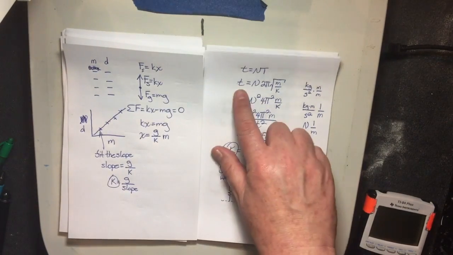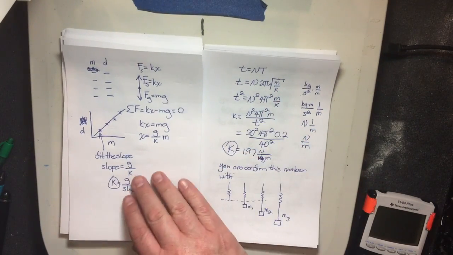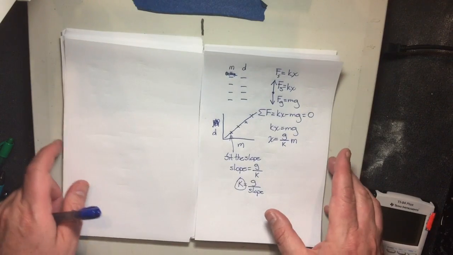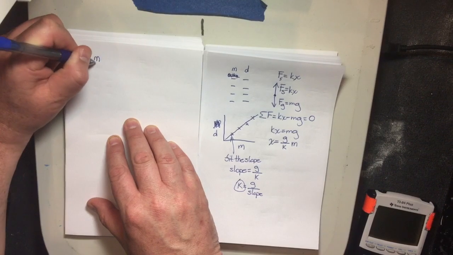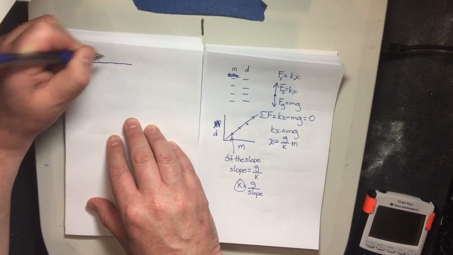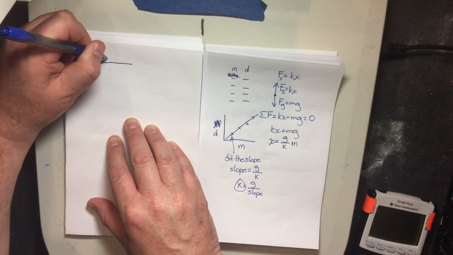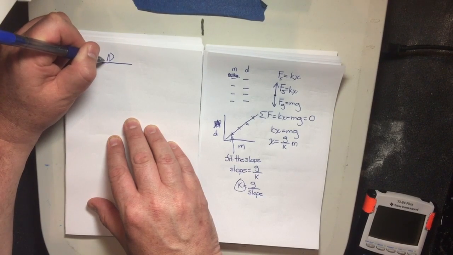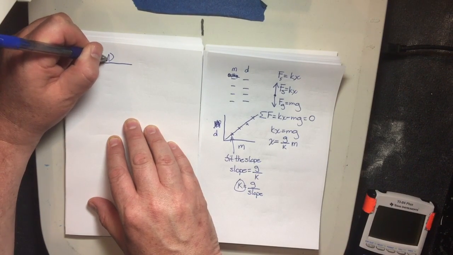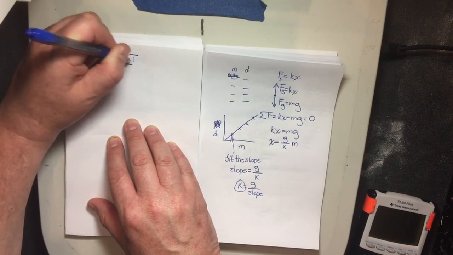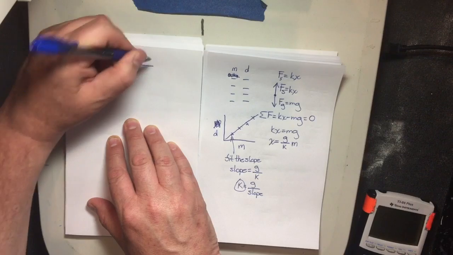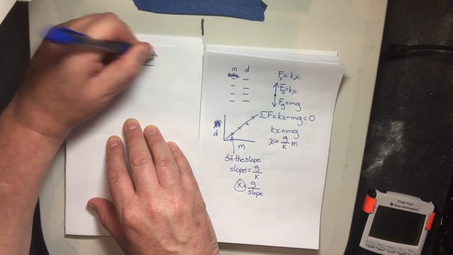There's another way that you can get it using the period. You have the mass, the number of times that it oscillates, the total time that it oscillates, the period of that oscillation, and period squared.